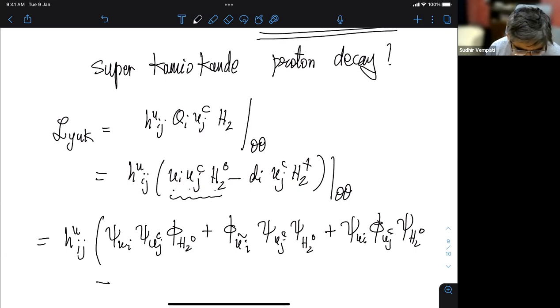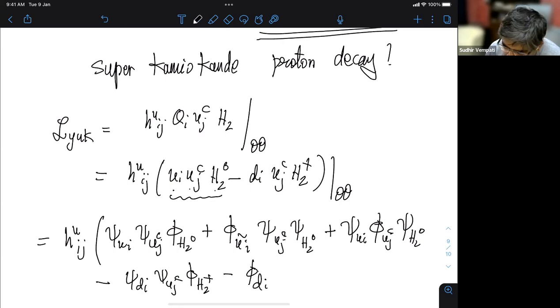And this will become the second terms, these three will be psi_di, psi_ujc, phi_H2^+ minus phi_d tilde_i, psi_ujc, psi_H2^+ minus psi_di, phi_ujc, psi_H2.